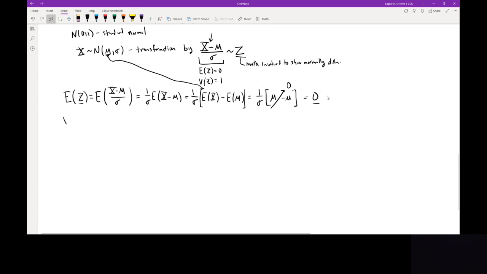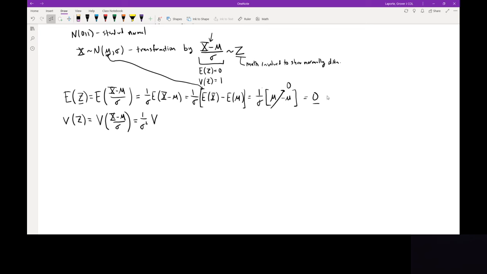Okay, the next thing we want to do is the variance. We're going to use the same rules that we had the other day on the variance. When I take the variance of X minus mu over sigma, I know that when I take a constant out of the variance, I square it. If you don't remember that, go back to the video and check it out.